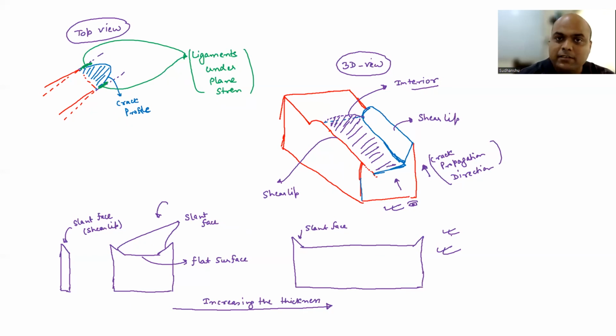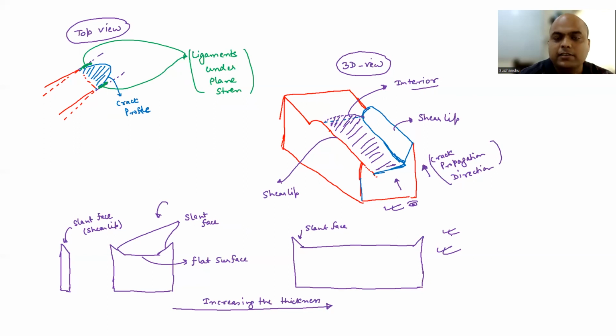And when that happens, if you increase the thickness more and more, there will be no effect on the fracture toughness. And if that thickness is a critical thickness, below that there will be some effect of the slant surfaces.